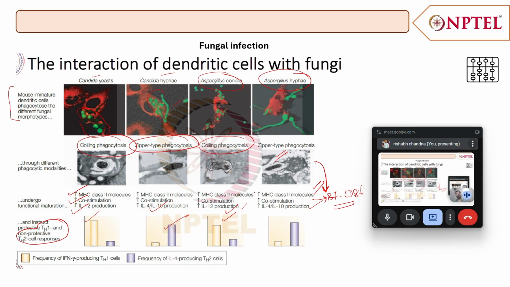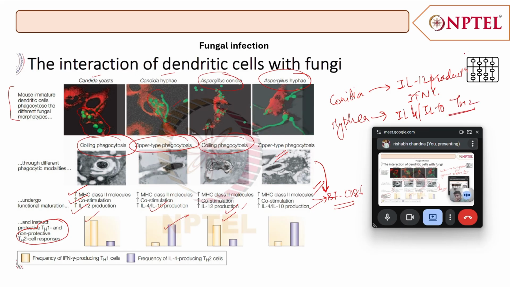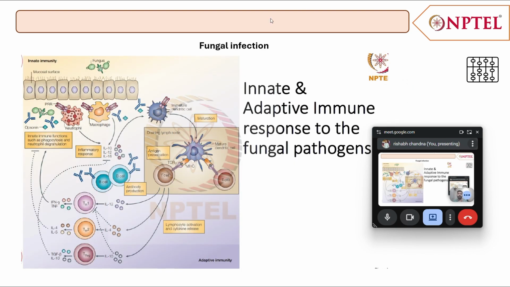So this shows that conidia from any of these particular fungi give rise to IL-12 production and IFN gamma production. But the hyphae give rise to IL-4, IL-10 producing Th2 cells. Okay, so this is the differentiation between the two. Okay, so moving on.